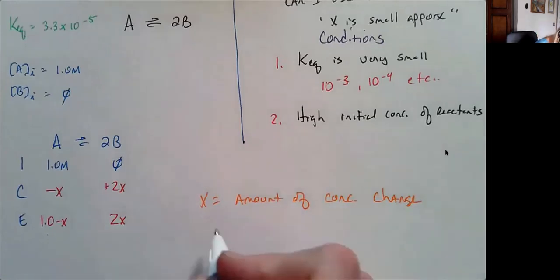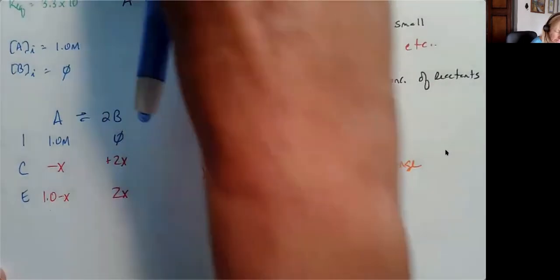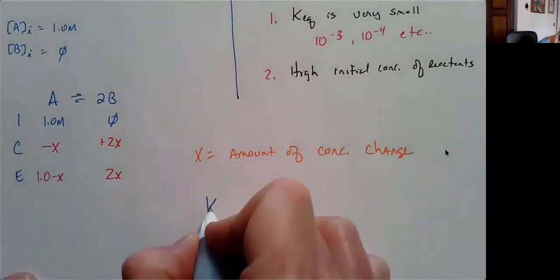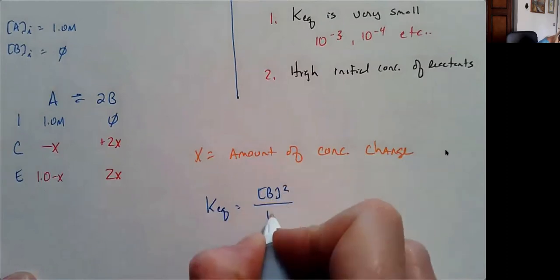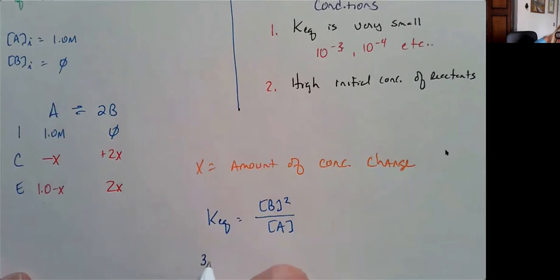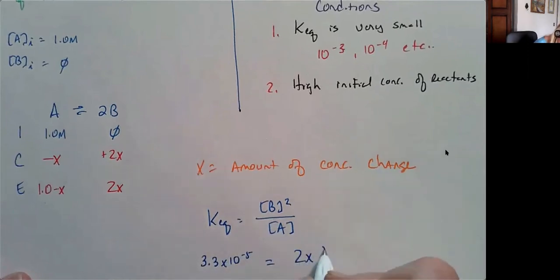So I'm going to write my law of mass action. I'm going to do everything the same in the beginning. I did my ICE table. I'm going to write my law of mass action, B squared over A. Now I'm going to take my values and plug them in. So Keq was 10 to the minus 5. B, that's going to be 2x squared over 1.0 minus x.